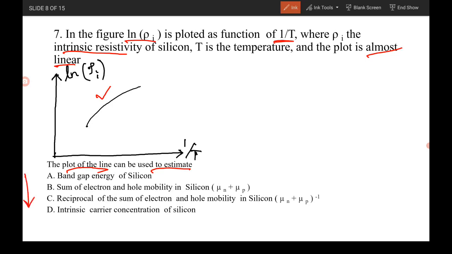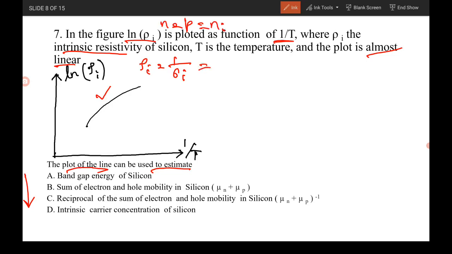So let's first find out what rho i is. Rho i will be equal to 1 by sigma i. As we are considering an intrinsic semiconductor, n is equal to p is equal to ni, that is the intrinsic concentration.